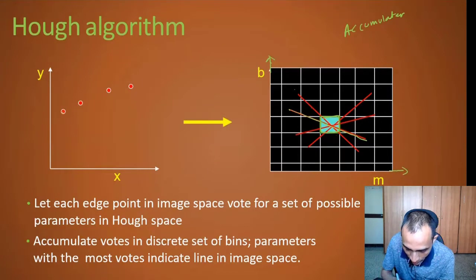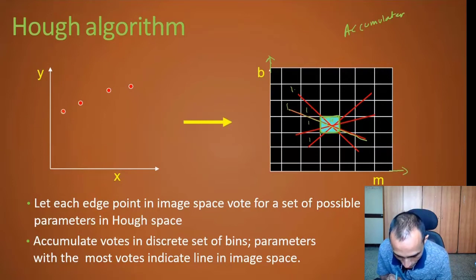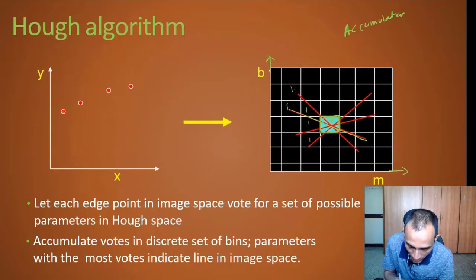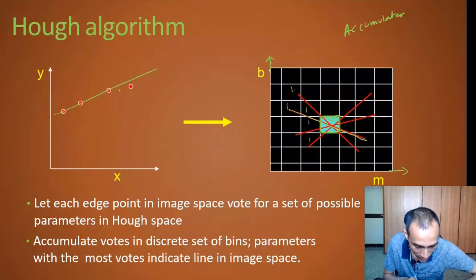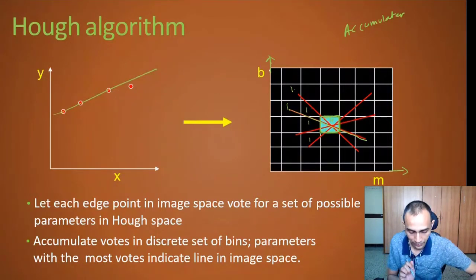Probably this may have just one, this may have just one, and so on, but this will have at least 1 2 3 4 votes, isn't it? So at the end, if you see the majority votes, we'll know that this is the intersection point for all these lines, and this is the straight line equation which is basically passing through all these points.